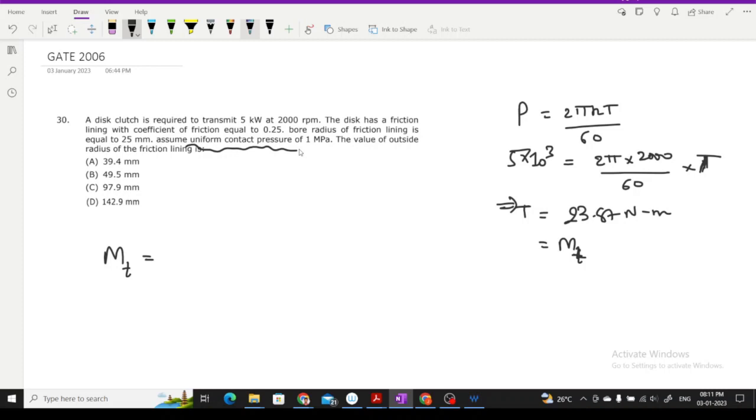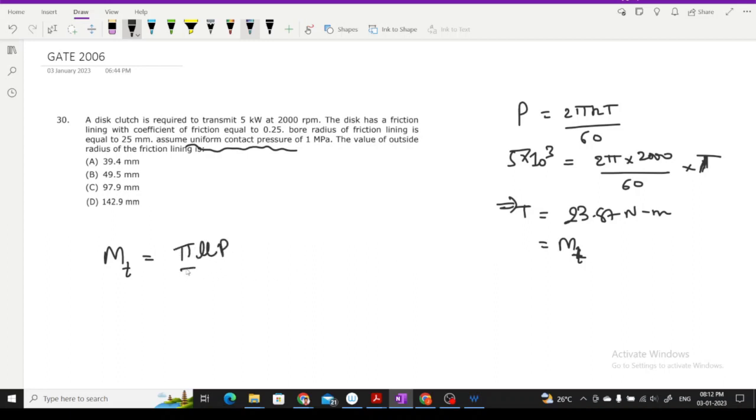So what will be T in case of uniform contact pressure? Is it pi mu p by 12, D cube minus d cube? Yes or no?